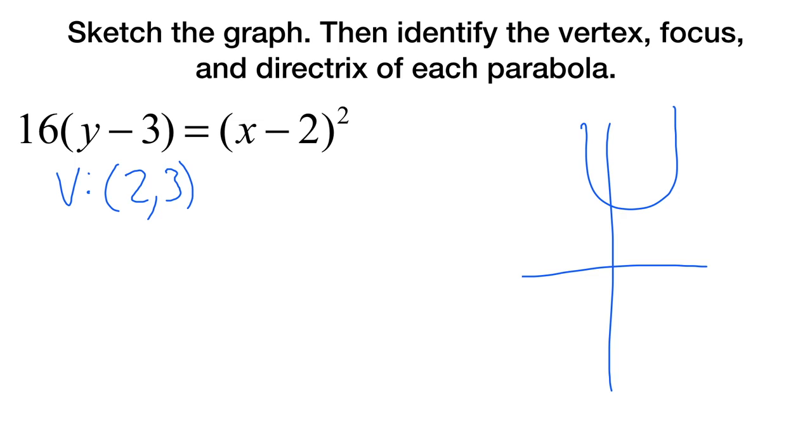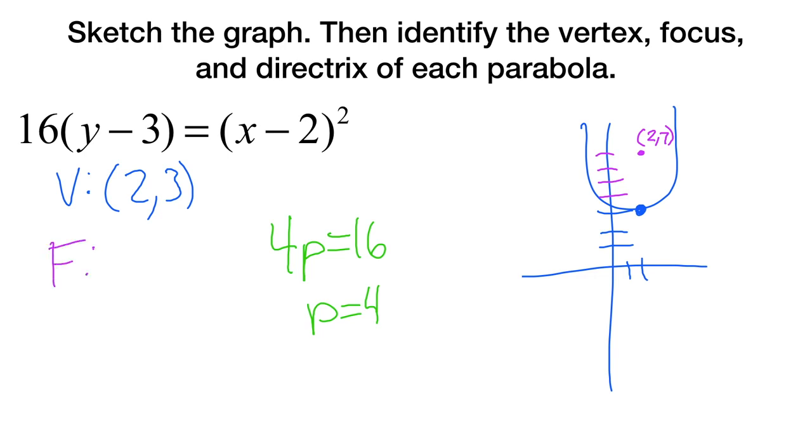Now, let's talk about the other parts. In this case, 4p equals 16. That means p is 4. So if our point is originally at 2, 3, then our focus is going to be four higher at 2, 7.